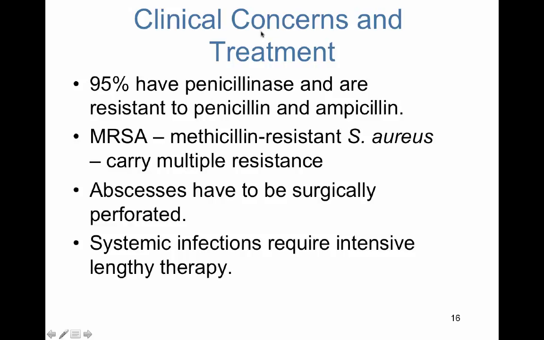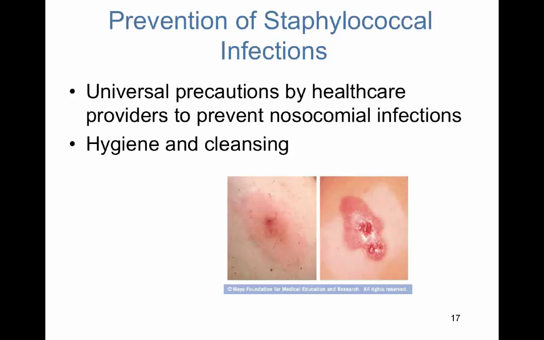So in the case of wound infections, more serious abscesses would have to be surgically perforated, and in the case of osteomyelitis or some of the bacteremia, sepsis, more intensive, lengthy therapy, multiple antibiotics may be required. Now, as far as preventing staph infections, especially in the hospital environment, hygiene, cleansing, and universal precautions by healthcare providers are essential.